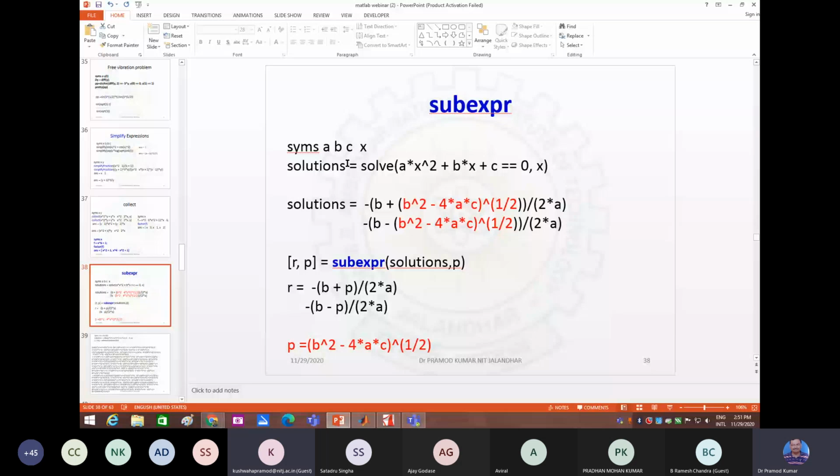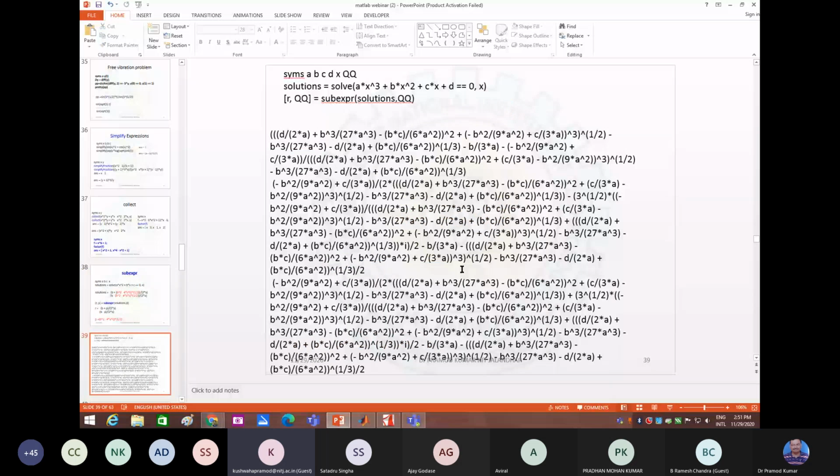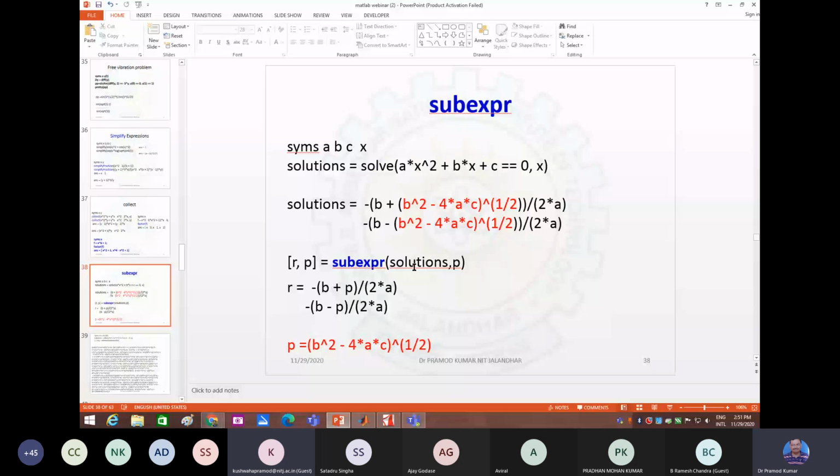This one is very useful when you do mathematical modeling in a complex system. Just see here, ax square plus bx plus c is equal to 0. We want to solve this expression. Then this is the solution, minus b plus b square minus 4ac.